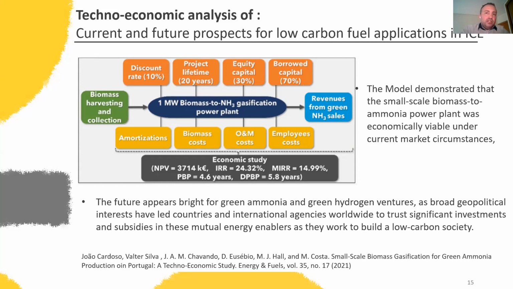In general, clean ammonia is produced through electrolysis, but even though electrolysis is a mature technology, they are also looking for alternative options.